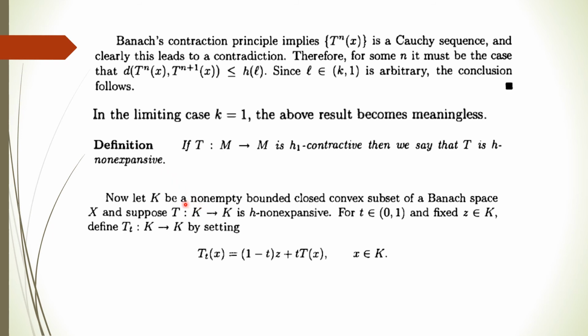Now further, let K be any non-empty bounded closed convex subset of a Banach space X, and T be a mapping going from K to K which is h non-expansive. For t belonging to (0, 1) and we fix an element of K, let it be z, we can define a new mapping T_t going from K to K by setting this number. Now just see, when you find the value of this mapping at z, what you get? It will be (1 minus t)z plus t times T of z.